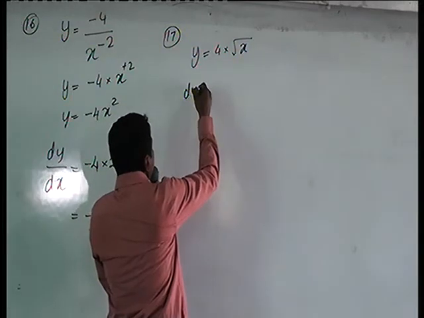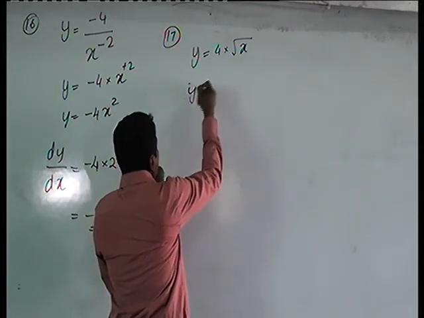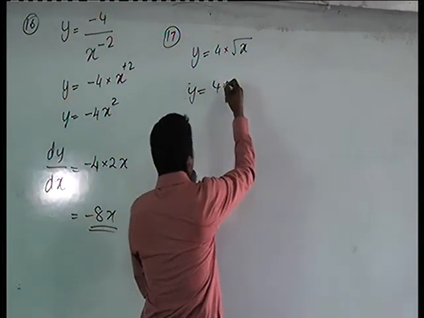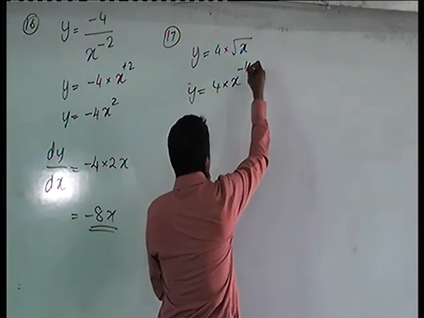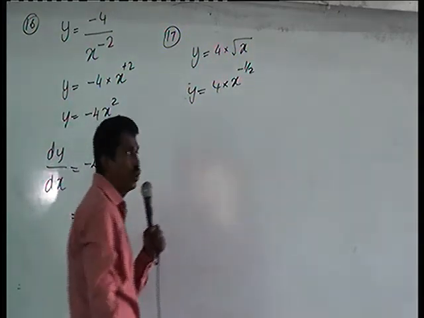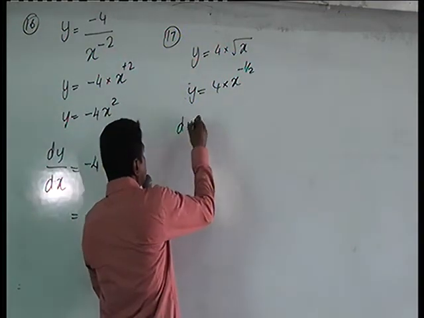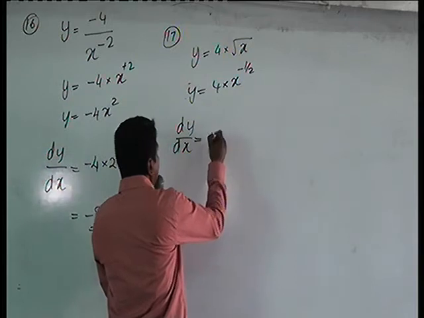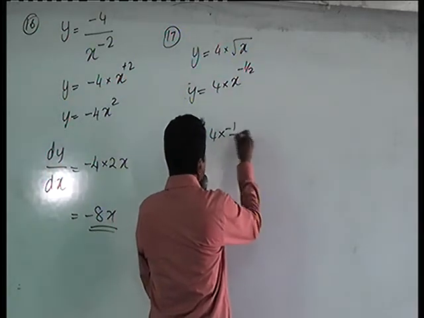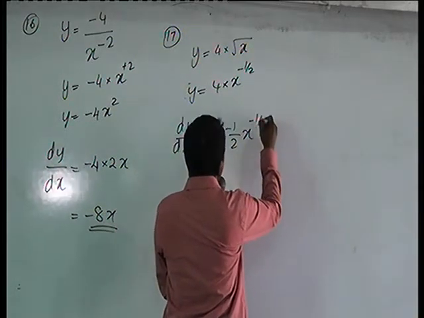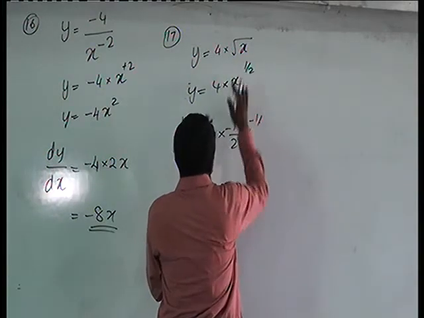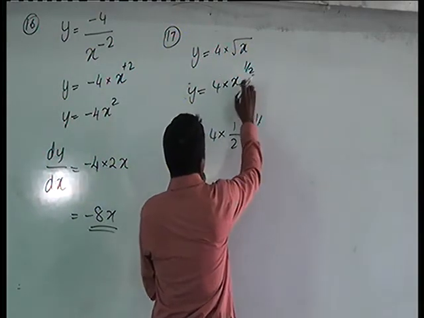So first, y equals 4 into x to the power half. 4 into x to the power half. So dy by dx, that is equal to 4 into minus half x to the power minus half, sorry, it's plus half, not minus. Sorry, x to the power half.